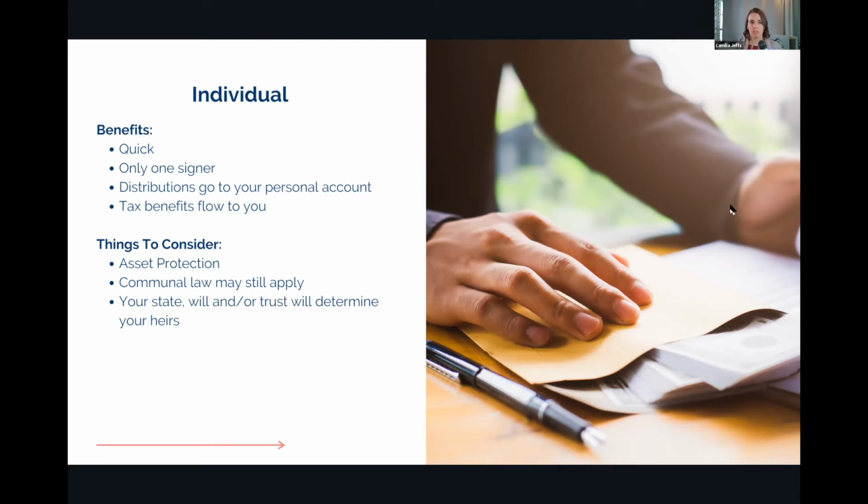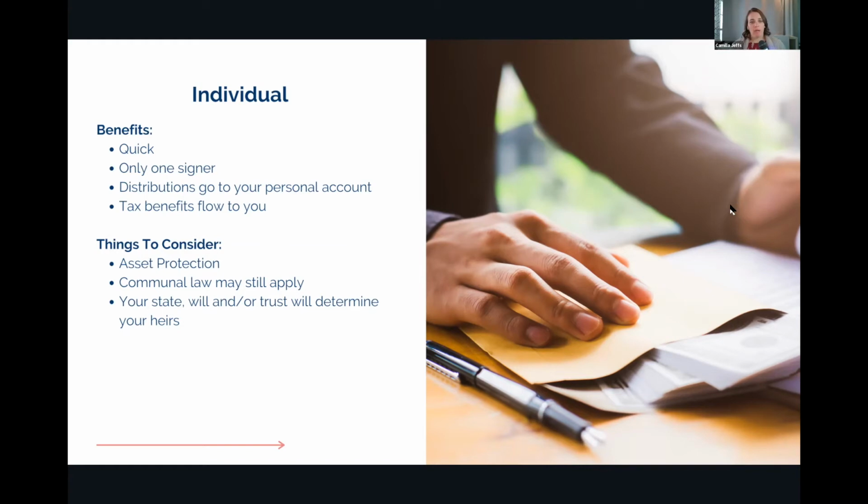A couple of things to consider though about this is that when signing the PPM, there's nothing in there that has anything to do with like asset protection or who will be the beneficiary of your assets, right? So you need to be meeting with a lawyer separately outside of this investment to determine what happens to you if you were to pass away or get disabled or things like that.